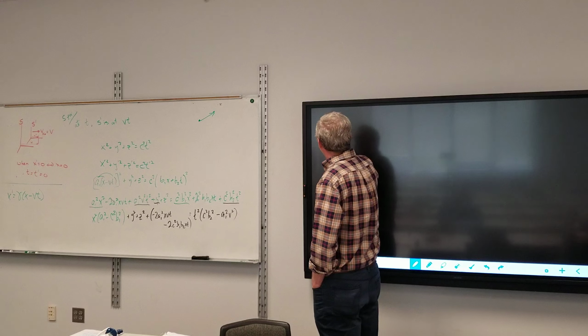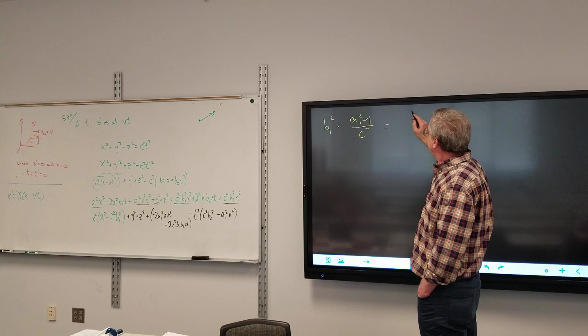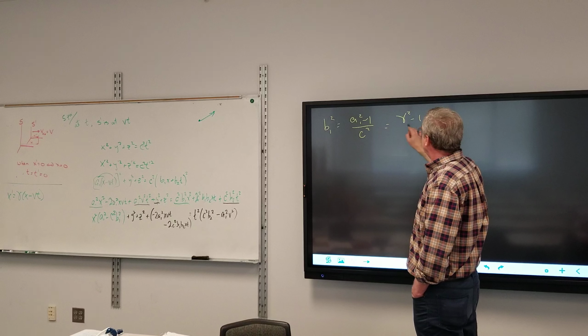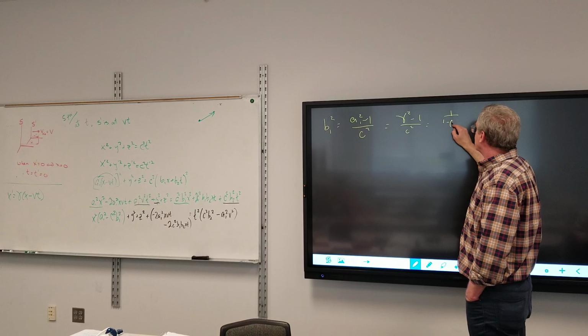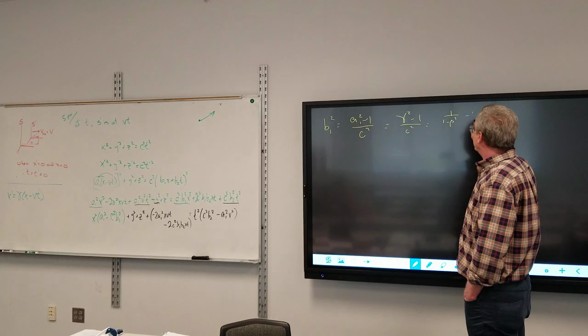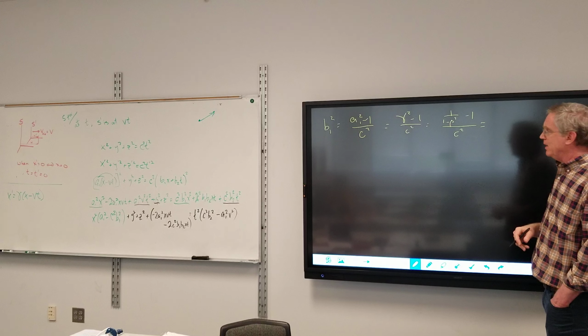That's basically gamma squared. So gamma squared minus 1 over C squared, which is 1 over 1 minus beta squared minus 1 over C squared. So now it's just a matter of taking our complex fraction here and getting it into a single fraction.